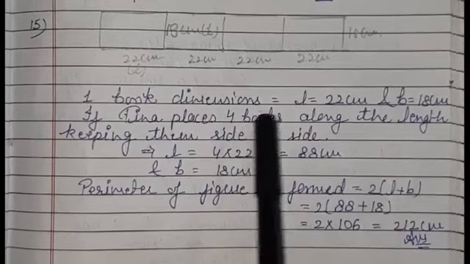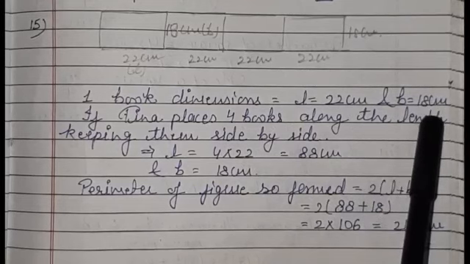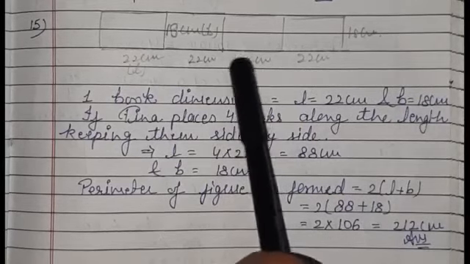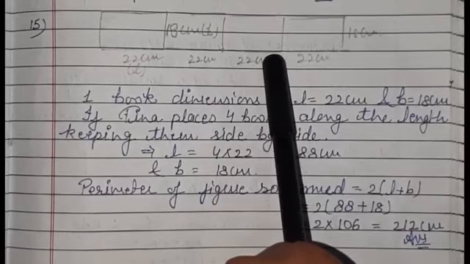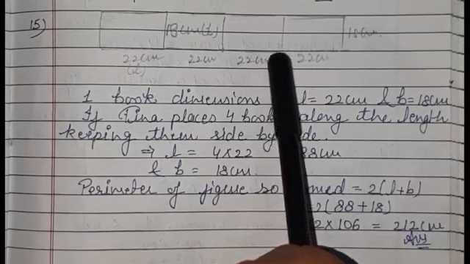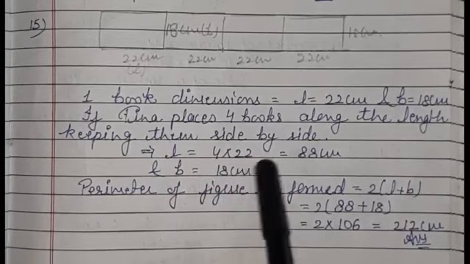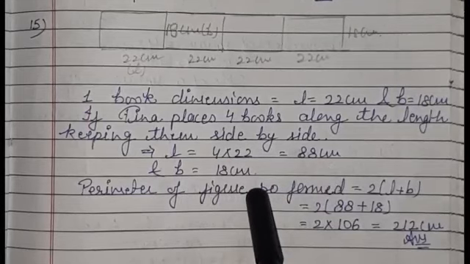One book dimension is 22 centimeter and breadth is 18 centimeter. Then what about this figure? When she places 4 books side by side along its length, length becomes 4 into 22, 88 centimeter, and breadth becomes 18 centimeter.